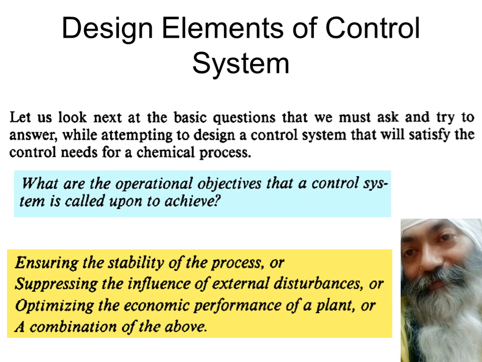They can be, I'm repeating once again, ensuring the stability of the process, suppressing the influence of external disturbances, optimizing the economic performance of a plant, or a combination of the above. It can be any one, any two, or all three. So depending upon that, we will design the control system. This is the first question, and we have already gone in for long discussions on this in the previous sessions.